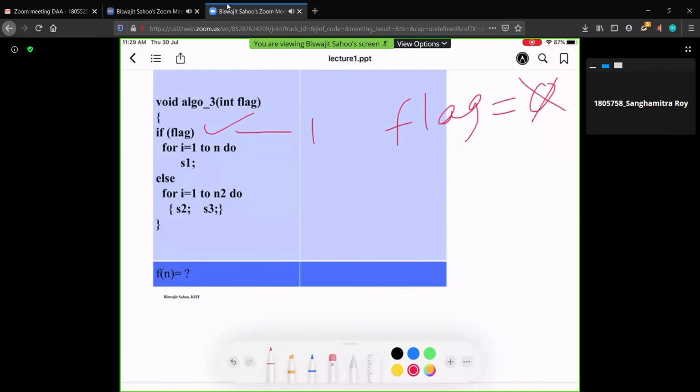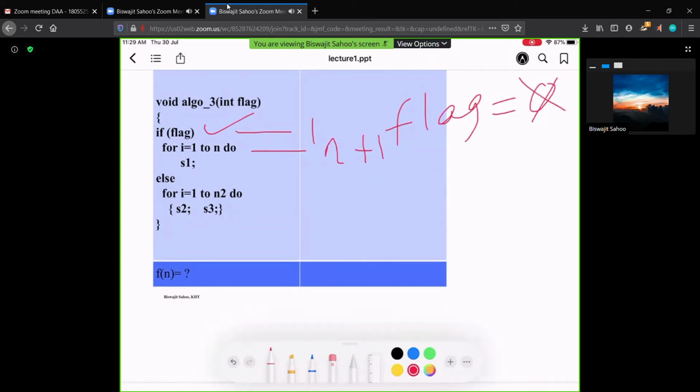Very good. Will I enter the for loop? Yes. This for loop will be executed from 1 to n. The condition is satisfied n times, but it will be executed n plus 1 times, because the last time the condition will not be satisfied.